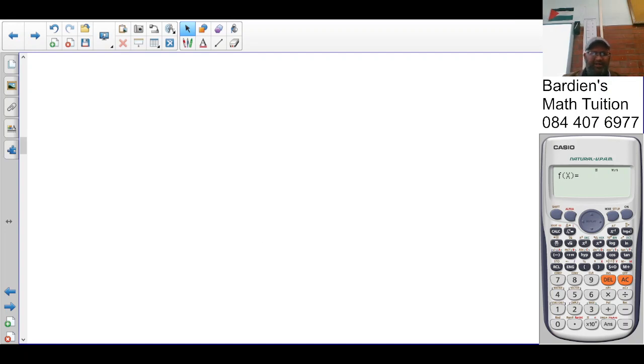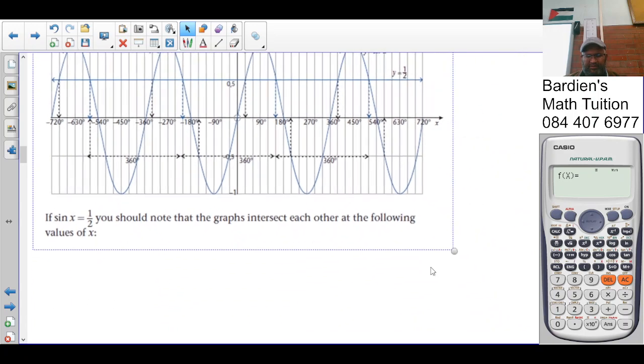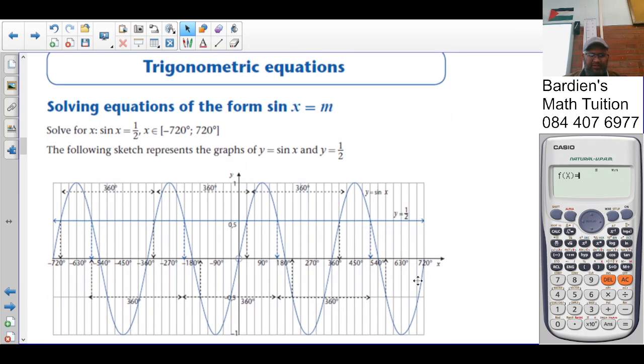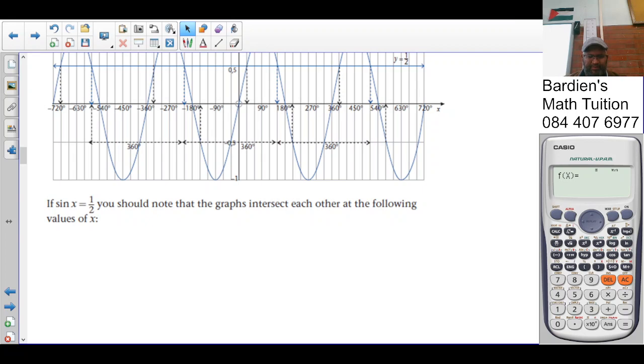The next heading is trigonometric equations. We're on page 209.